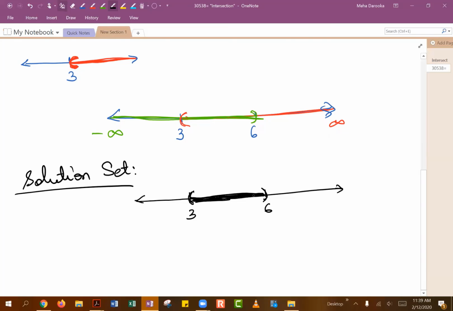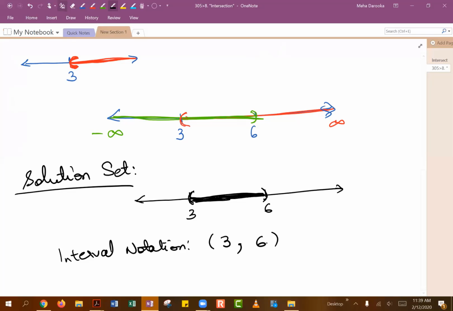You're not going to be shading on the left or the right of those numbers because that's just the common area, right? And then as an interval notation, so that was your graph, your interval notation is only between 3 and 6, right? So that's it. You're not going all the way to infinity in this case.